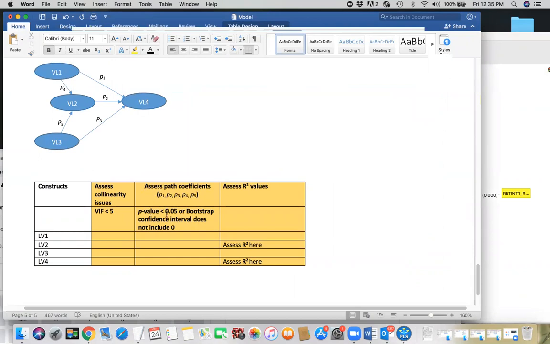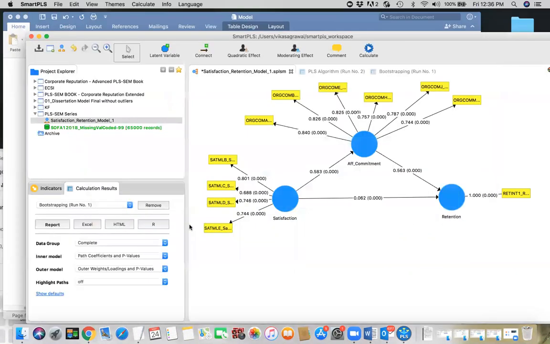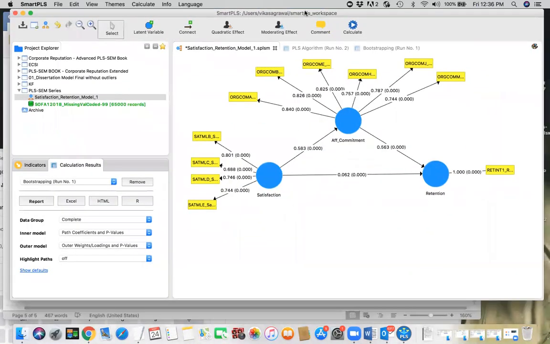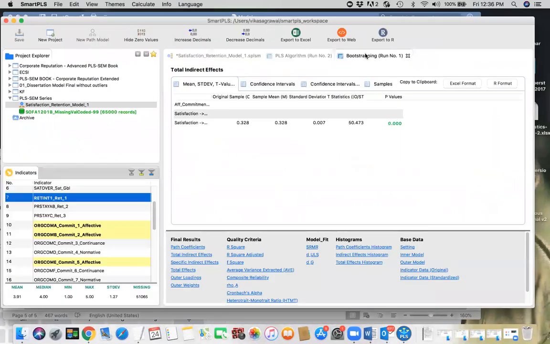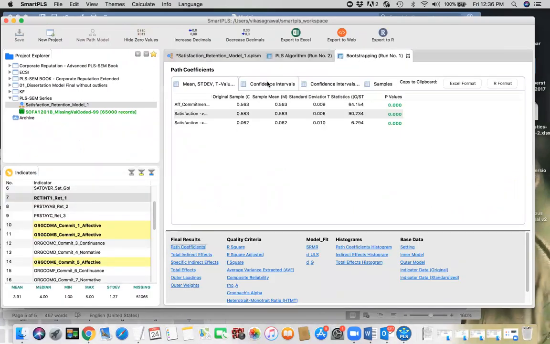We have seen the p-value is less than 0.05, and we can also see whether the bootstrap confidence interval includes 0 or not. So for that, let's go here. We have bootstrapping and path coefficients, and we can see the confidence interval here. They do not include 0.